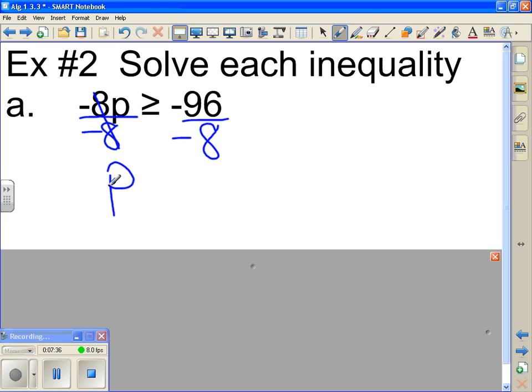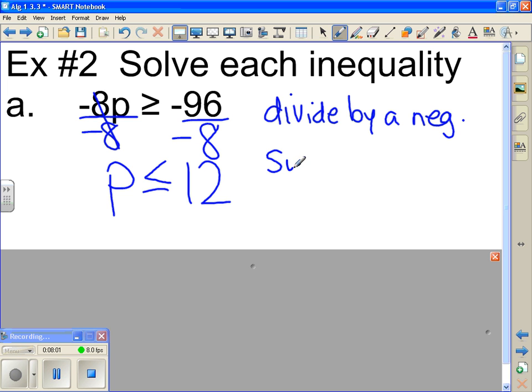So p, what is -96 divided by -8? Good, 12. And what happens to our greater than or equal to? If you guessed it switches, you're right. You have to switch it when you divide by a negative.